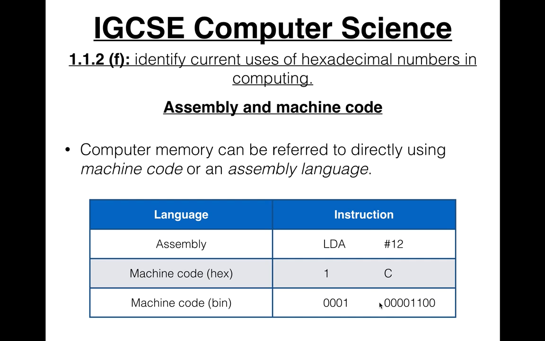So that's why hexadecimal is usually preferred by programmers rather than binary, because if we have a bunch of zeros and ones, it's going to be really hard to find errors, troubleshoot, and program. So it's much easier in hexadecimal, and you can easily find errors and program in general.